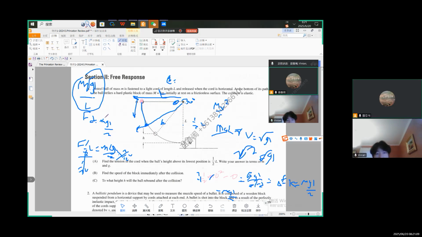The tension? You think the tension is just the centripetal force, right? Oh, but then there's gravity too. Yeah, there's a gravity component in that direction. You also need to think. So that's why I wrote last time in the end, I said F net in the centripetal force direction equals the F.